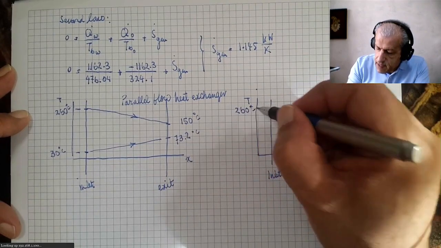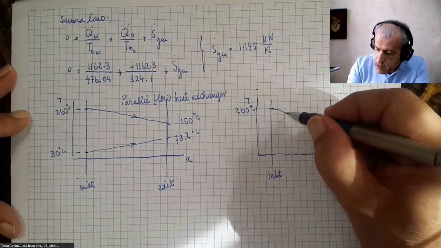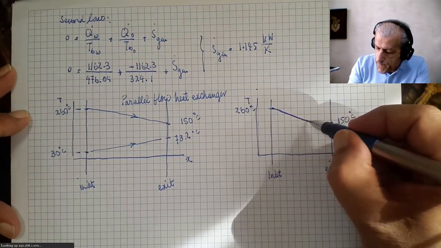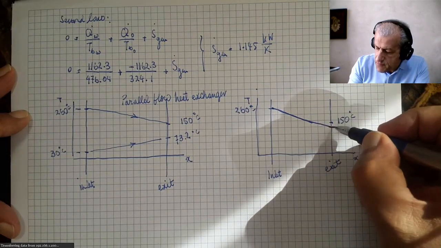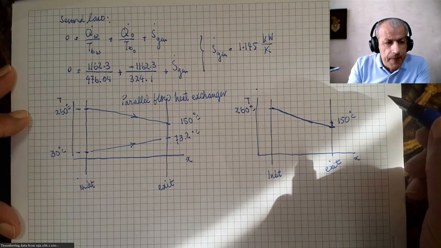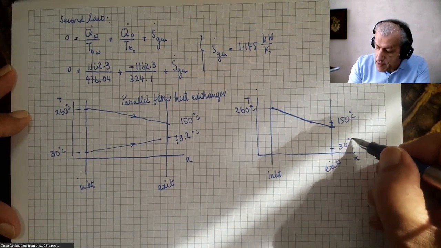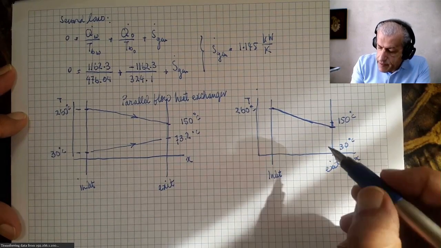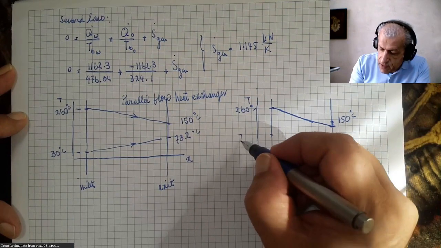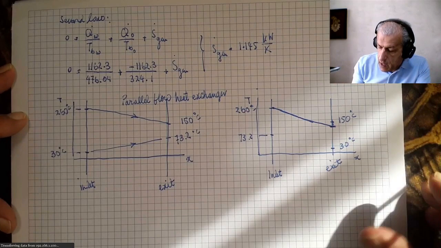Say it is 260 degrees C, and this is 150 degrees C, which is this one. And now, as for oil, it would be 30 degrees C here, and 73.2 degrees C on the other side.